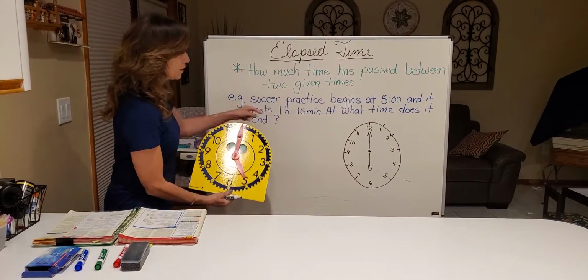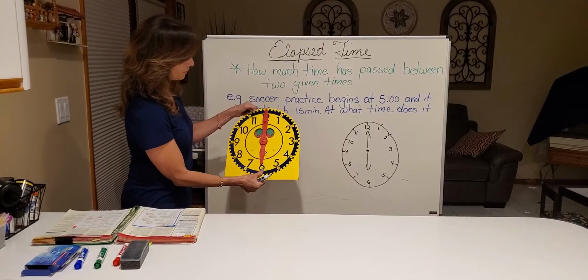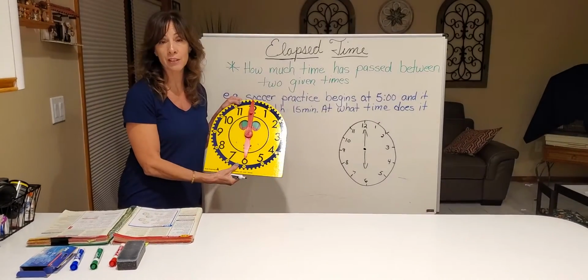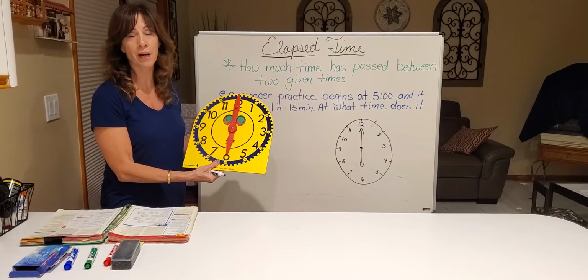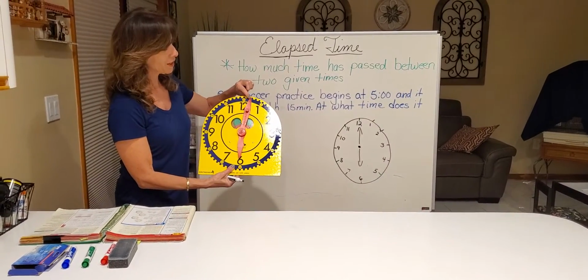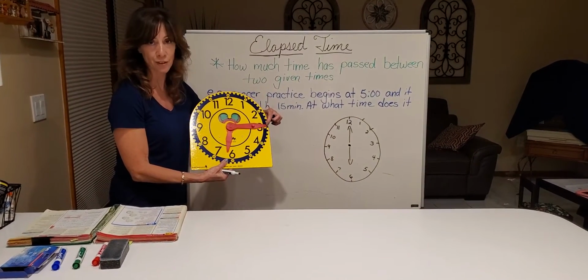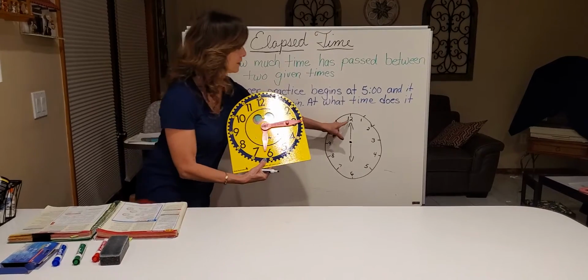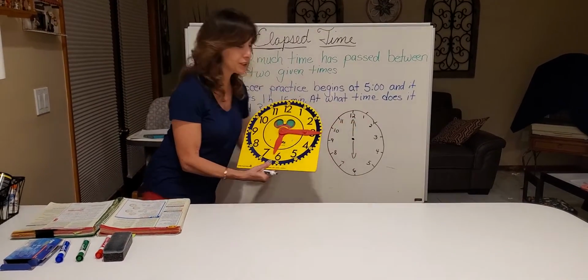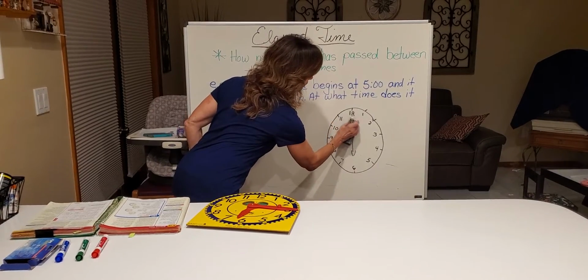So think, we're at 6 o'clock, and let's put this one at 6 as well. And now we need 15 more minutes. Remember how we count minutes by what? By fives. So we begin 5, 10, 15. So what time is it? 5, 10, 15. So if you said 6:15, you are correct.